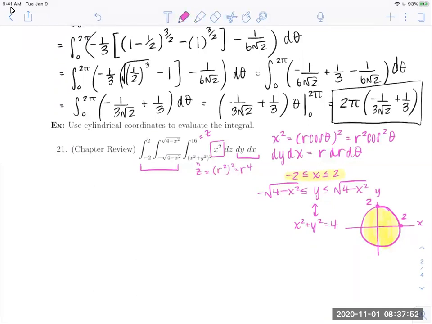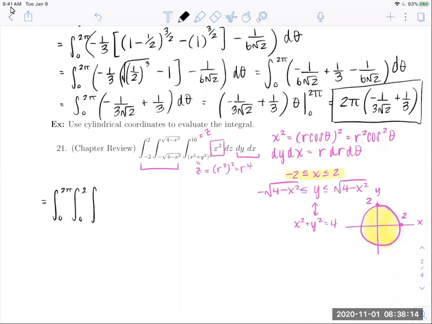All right, so at this point, we can now officially transform our entire triple integral. My theta limits, since I want the entire circle, are going to go from 0 to 2 pi. My r limits are going to go from 0 to 2, since I have the solid circle from 0 out to a radius 2.